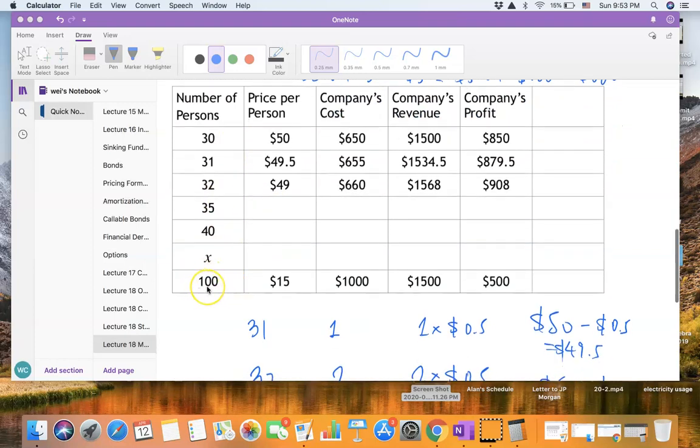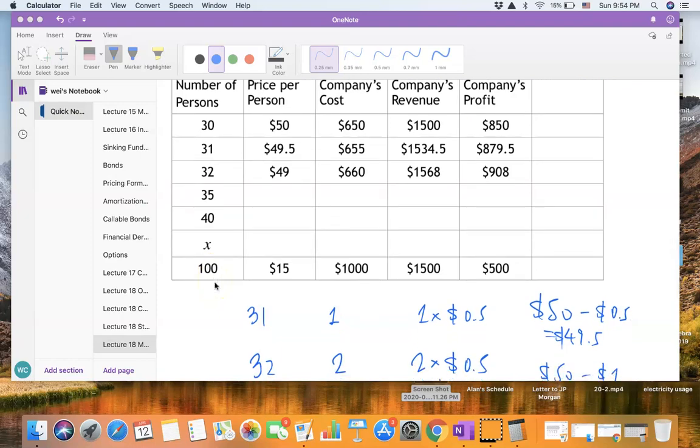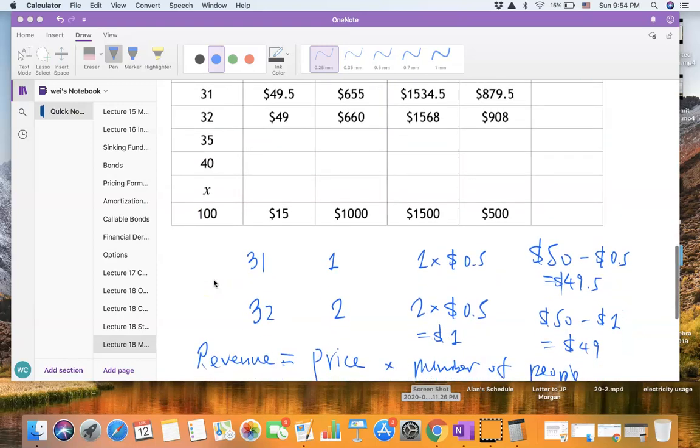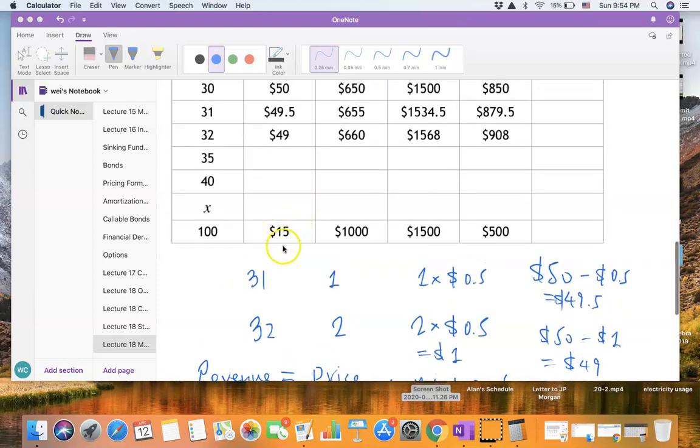So if we consider a big number, say when there are 100 people, the price is only $15, because 100 is 70 more than 30.